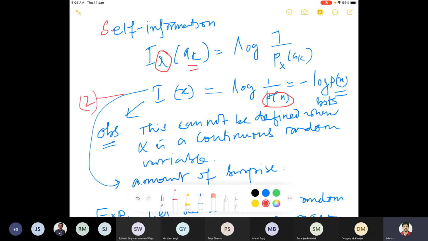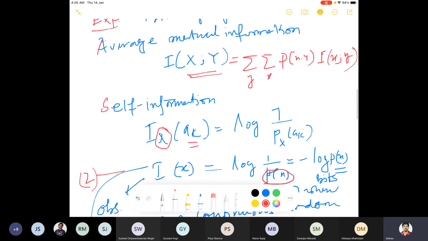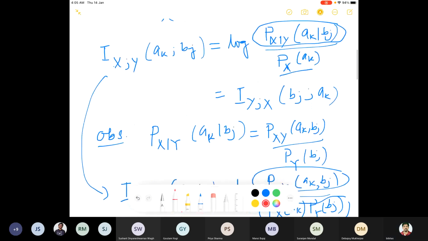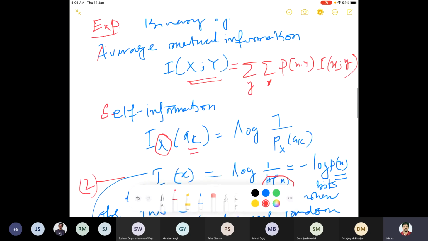And this other equation is equation 1. Then what can we say about 1, 2, and 3, combining all these three definitions?